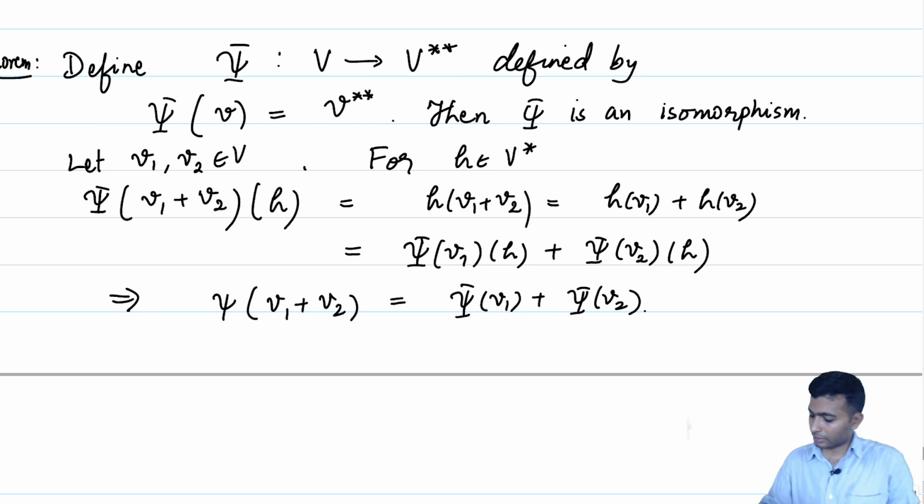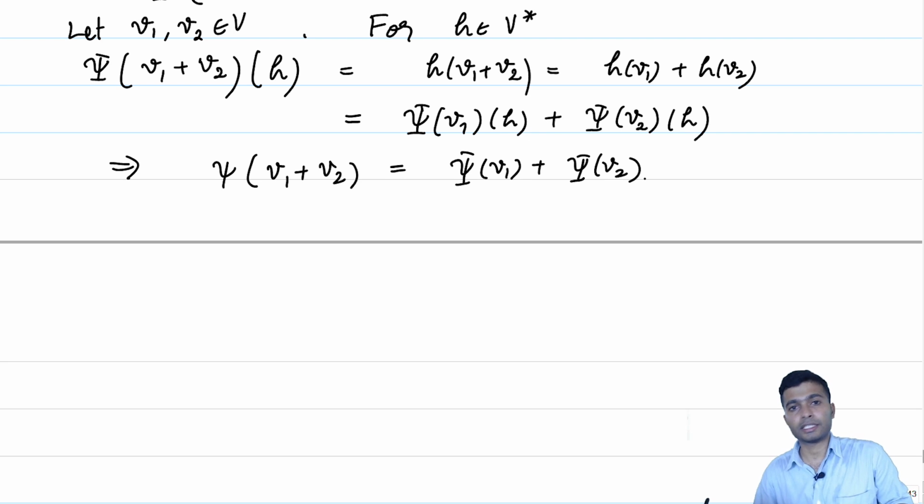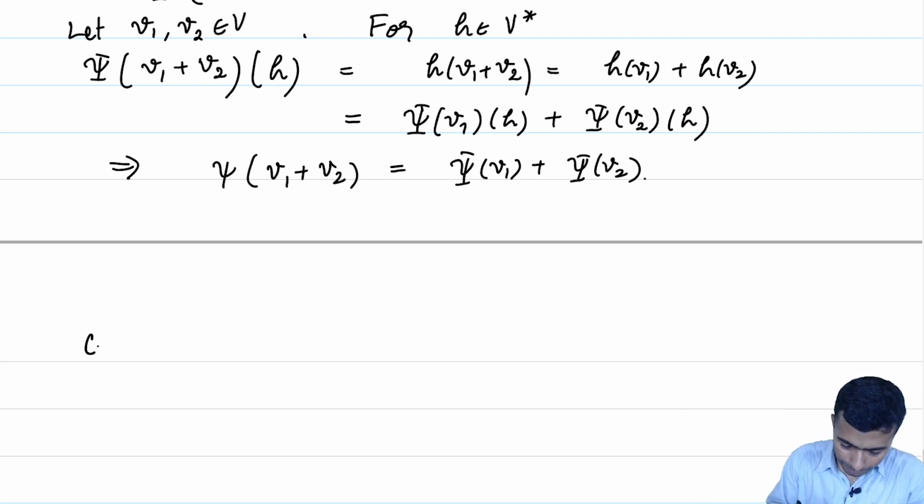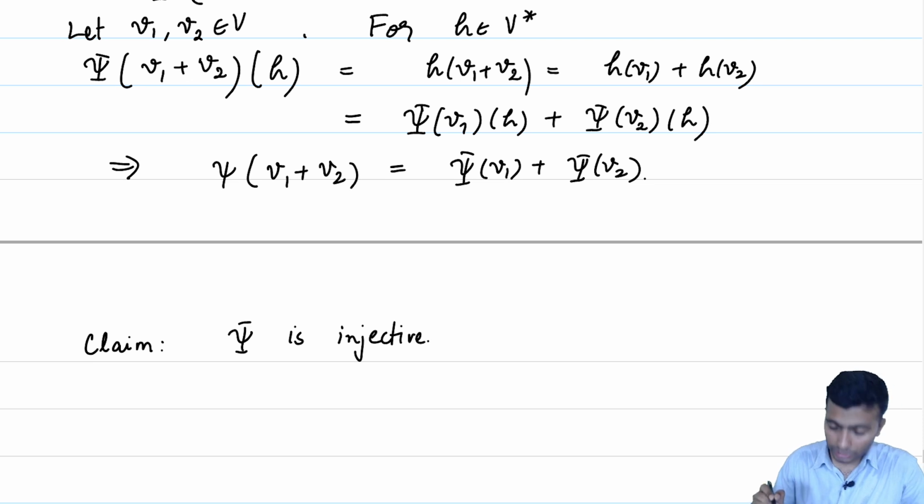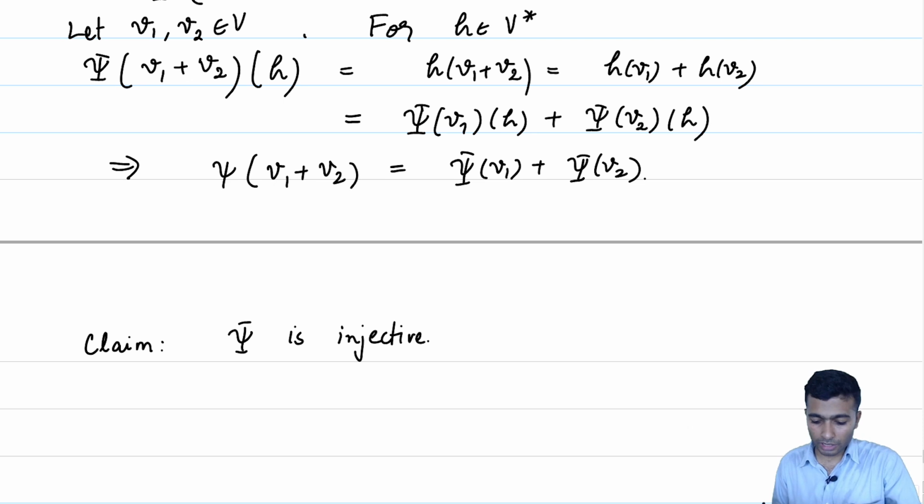Alright, so let us try to conclude that psi is an injective map. So, claim: psi is injective. If we show this, notice that it is enough to show that psi is injective to show that psi is surjective as well, and therefore it turns out to be an isomorphism.